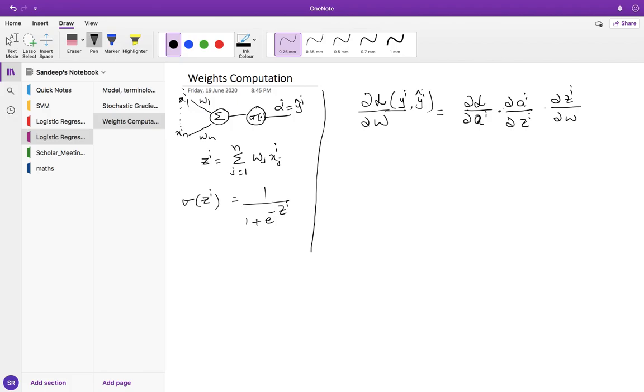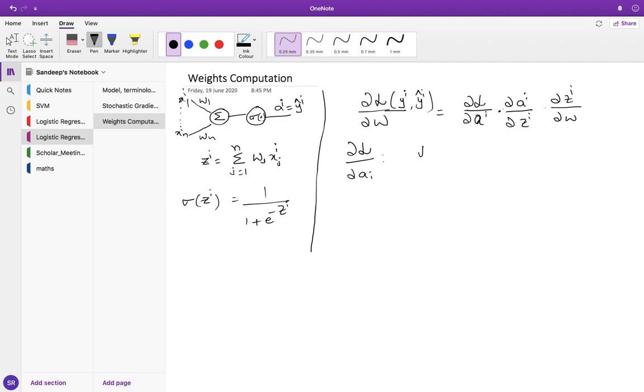We all know this from a function f of g of x. If you have dou L by dou W, and L is a function of yi cap, we can use this splitting of partial derivatives to compute dou L by dou W. So let us find out each and every component, and in total we will find dou L by dou W. First, dou L divided by dou ai. This is what we are supposed to find out.